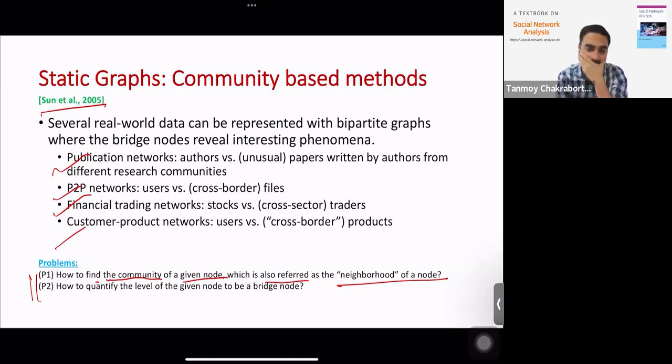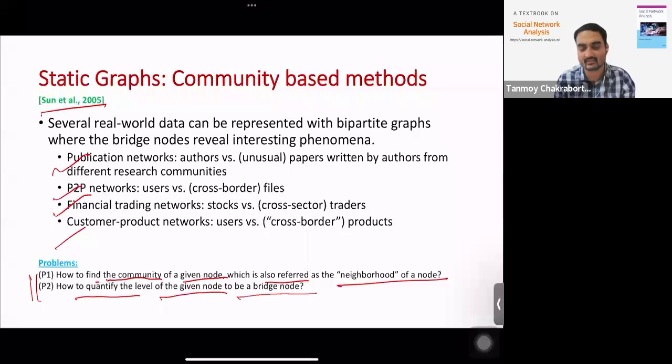Here what they mean is that communities are those nodes which are neighbors of a node. It can be one hop, it can be two hops. In fact, we will not take into account all the first-hop neighbors or all the second-hop neighbors. Can you come up with some ways to identify the neighborhood of a node, and then quantify the score of the given node to be a bridge node?